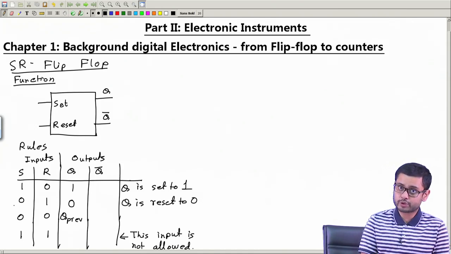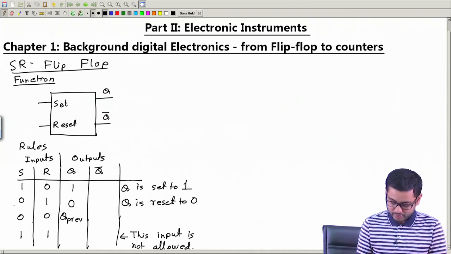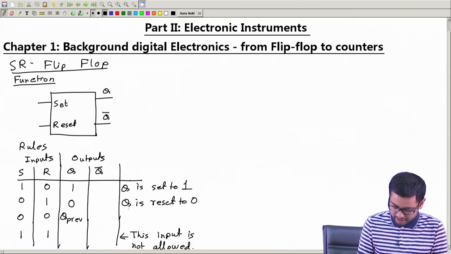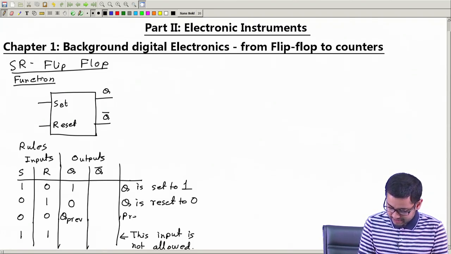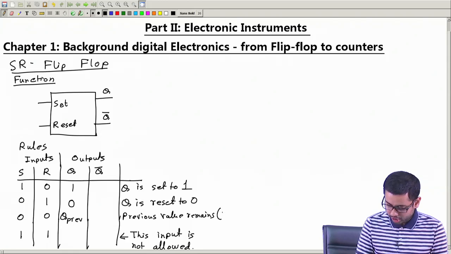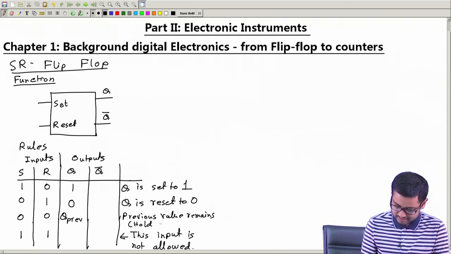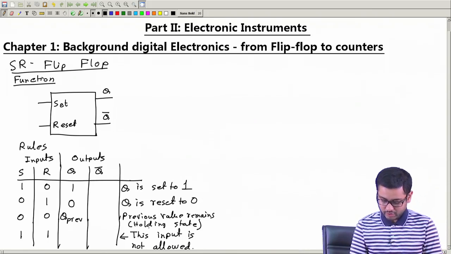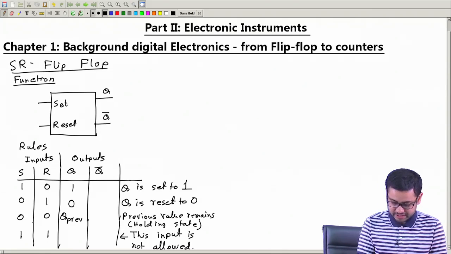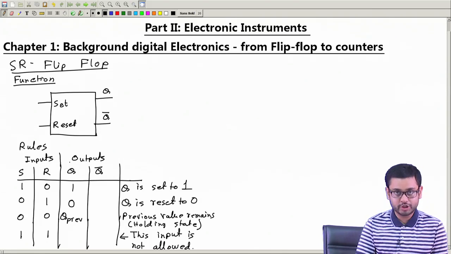If the previous value was 1, it will remain 1. So we can say the previous value remains, or you call it the holding state. So the previous value is held. This is how output Q behaves.